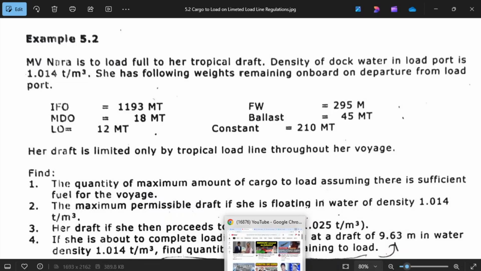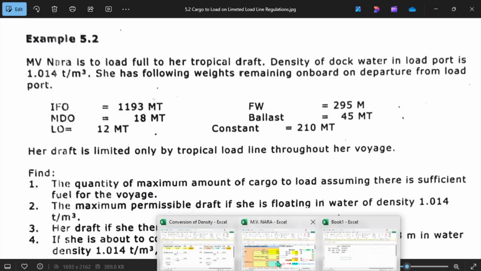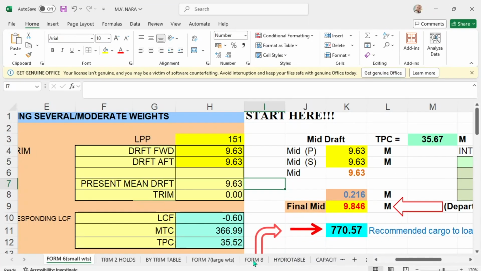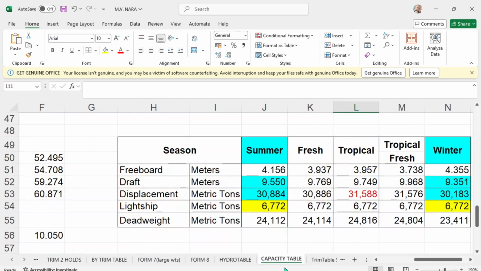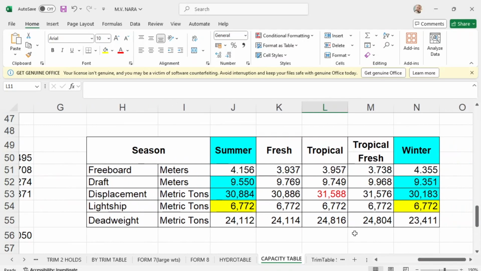So I will go to my vessel MV Nara and go to my capacity. Here, we are limited by the tropical load line. So for the tropical load line, the limited draft is 9.749. Okay, so check again, guys.